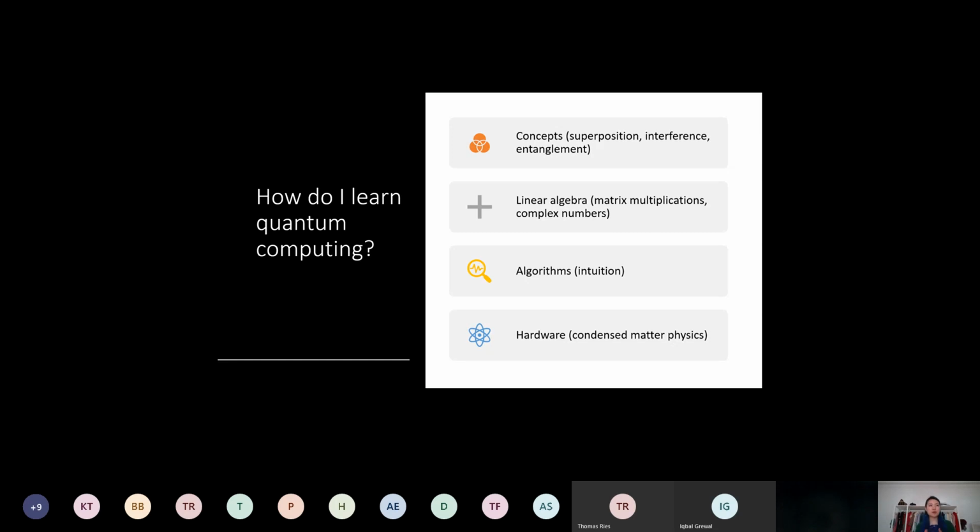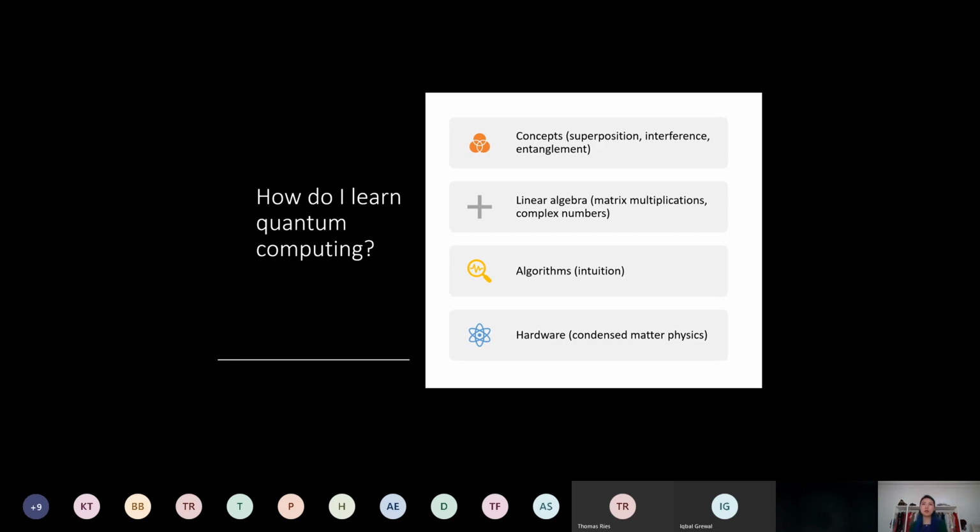A question I get very often from people is how they can learn quantum computing. I think there are several stages. In terms of concept, I already mentioned that you just need to really understand what superposition, interference, and entanglement are. And that's basically all you need to know in terms of concept for quantum computing.